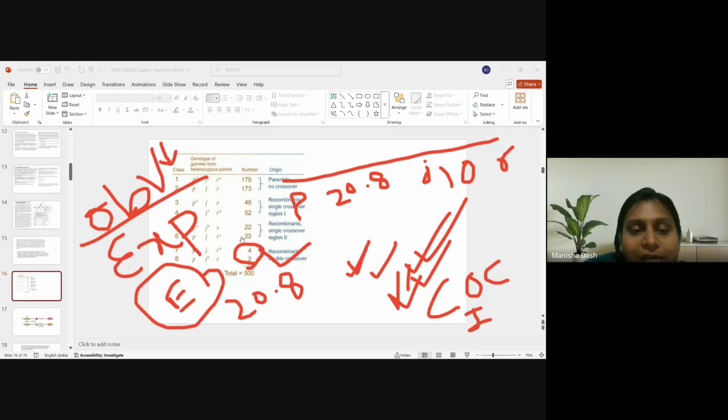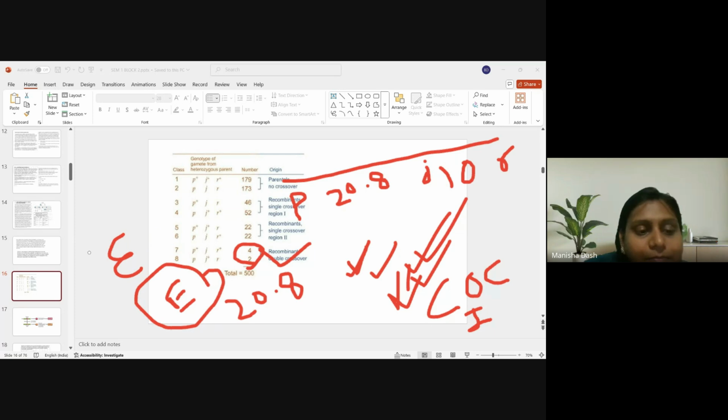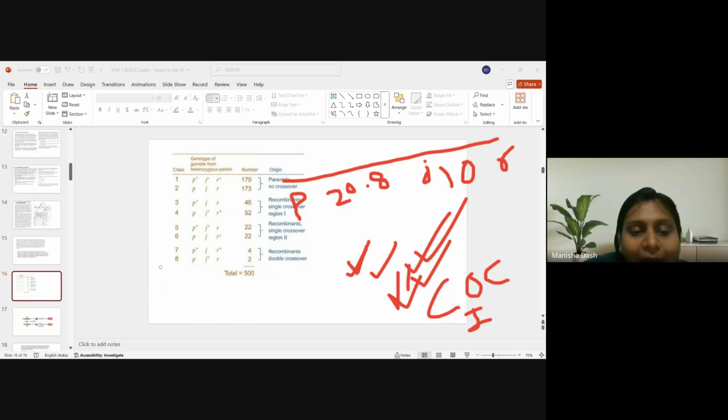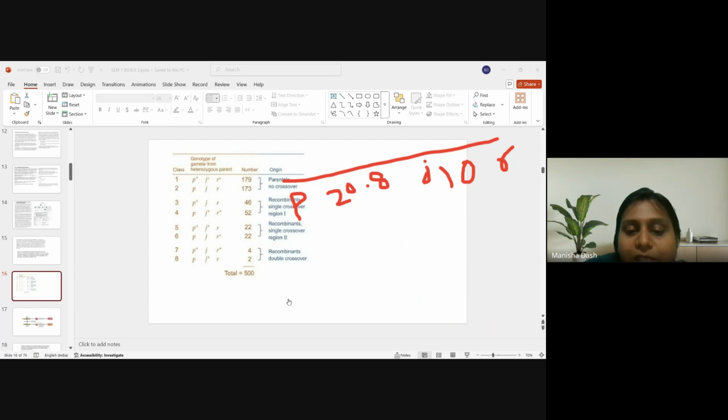देखो आमे जो distance calculate करिचे. So the map distance is also another way of expressing the frequency of recombination. So जो 20.8 लिखिछो, this is the percentage or 20% is the frequency of recombination between P and J. Similarly, the frequency of recombination between J and R is 10%.